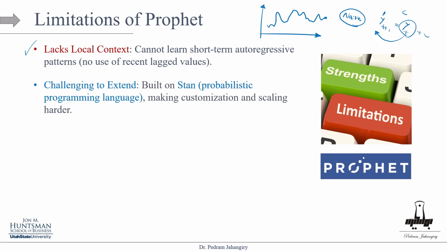The second one is that it is technically challenging to extend, because we talked about last time that Facebook Prophet is built on Stan, and Stan is a probabilistic programming language. It means that it models problems using probability distributions instead of traditional loss functions.